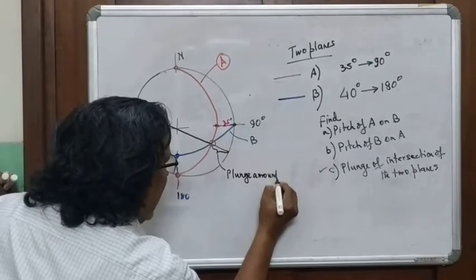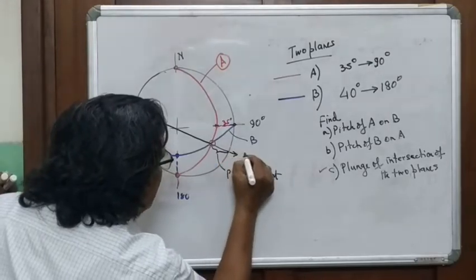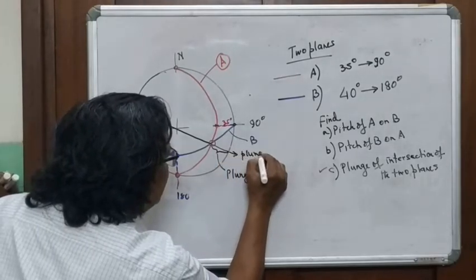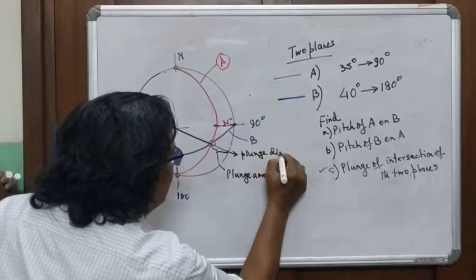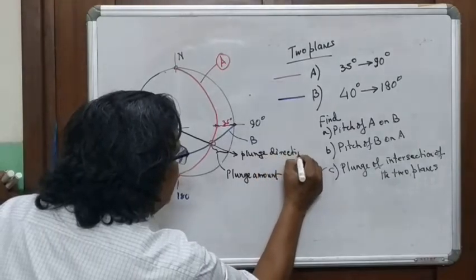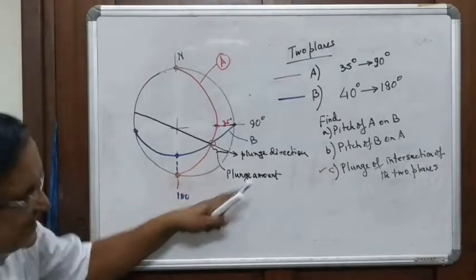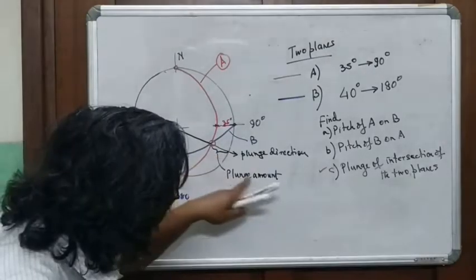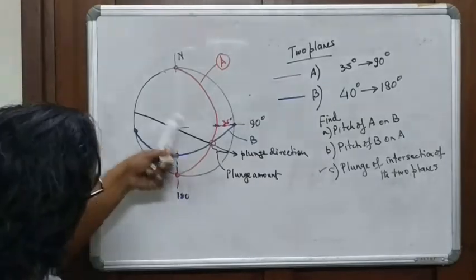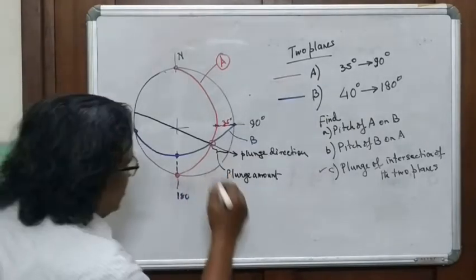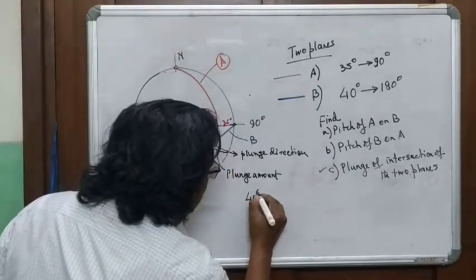And what is this direction? Plunge direction. Have you understood? So this is the plunge amount, and this is the plunge direction. So you can see what is the plunge amount. It's roughly around 40 degrees.